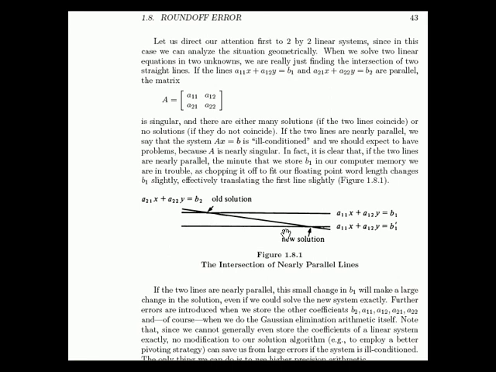Move one of the lines a little bit, the intersection point moves a lot. And then it doesn't matter what you do after that. Basically, we said it's been proven that Gauss elimination with partial pivoting, which is what we're doing, has essentially the same order of magnitude effect as just changing the elements of A and B.